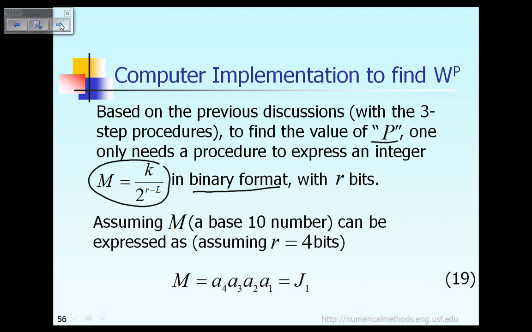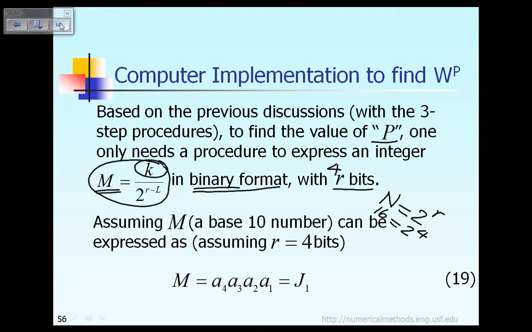It means the number has to be represented by a bunch of either 0 or 1, and you have to use R bits. This number R corresponds to n equal to 2 raised to the power R. So if n is equal to 16 data points, the power R should be equal to 4. In that case, you have to use 4 bits in binary form to express the value of M, and that value of M you can always calculate based on the index k that you want to compute.